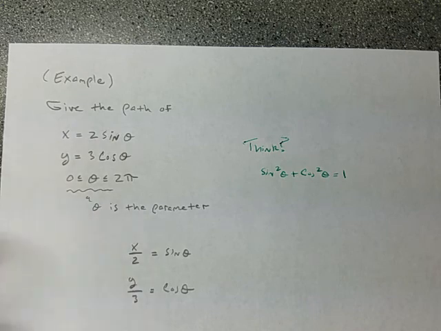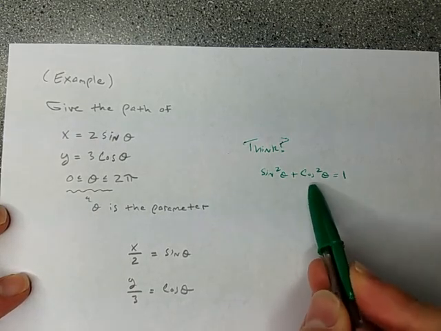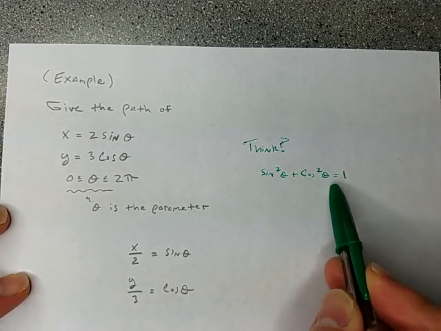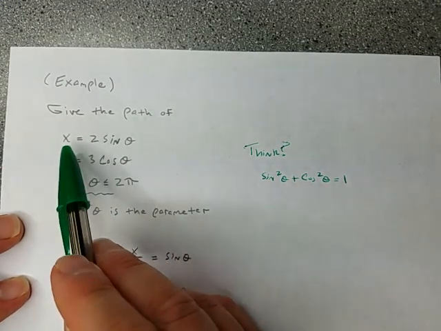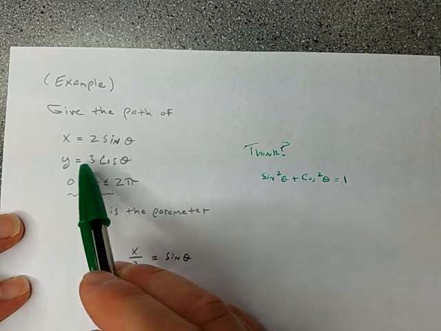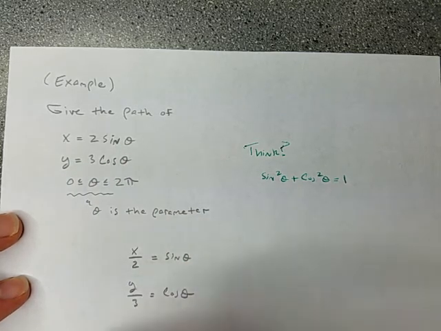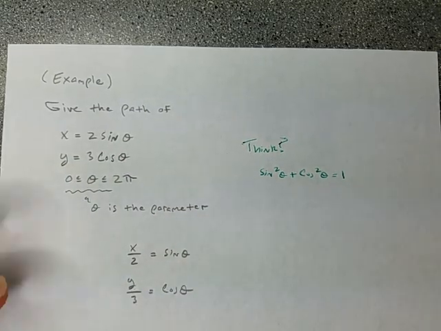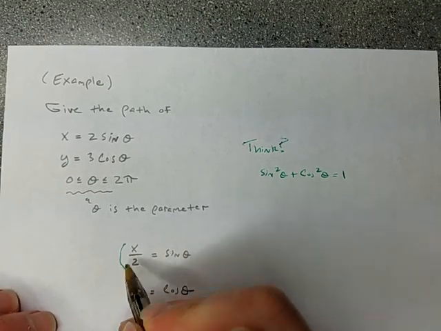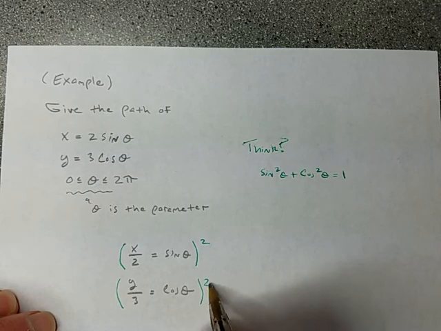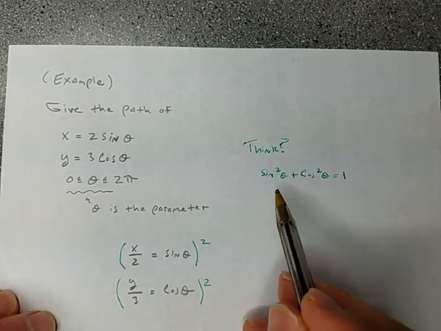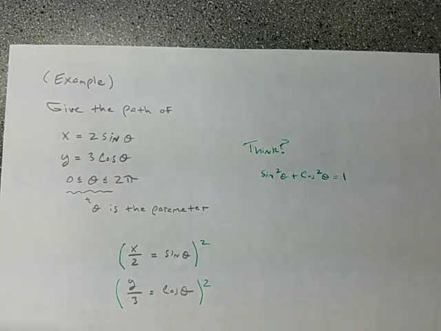Given that I ultimately need to eliminate the parameter, the path is just information about x and y; we lose the information about the parameter. Then I'll square both sides of each of these equations. That's allowable, and it introduces the identity possibly. So say I do that.